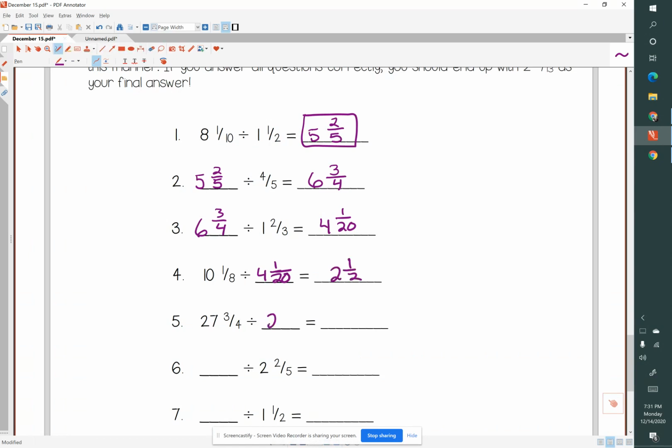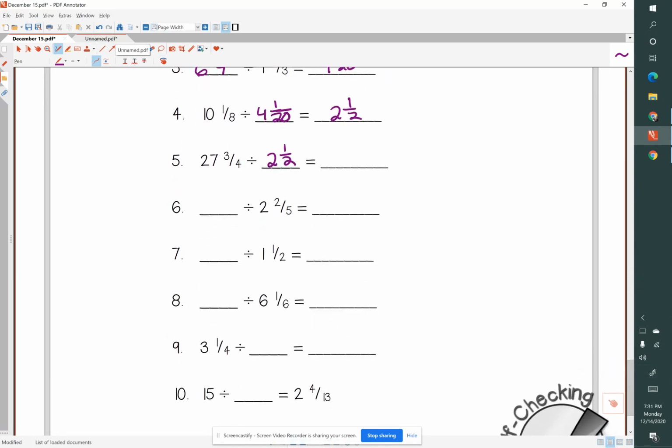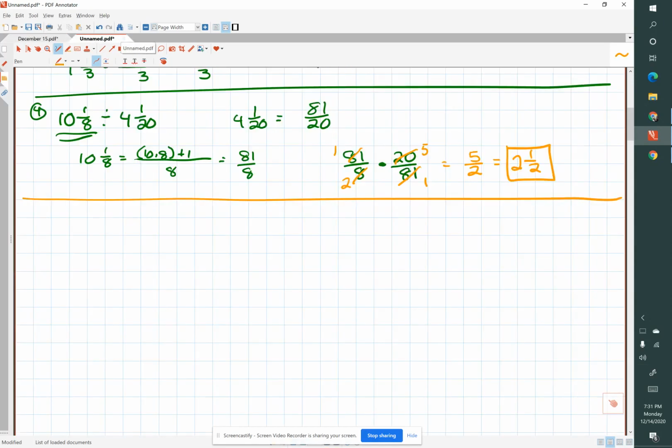And we put that in the next problem. And we'll work that on the next page. 27 3/4. This is problem number 5. Divided by 2 1/2. So let's make our conversions to improper fractions.